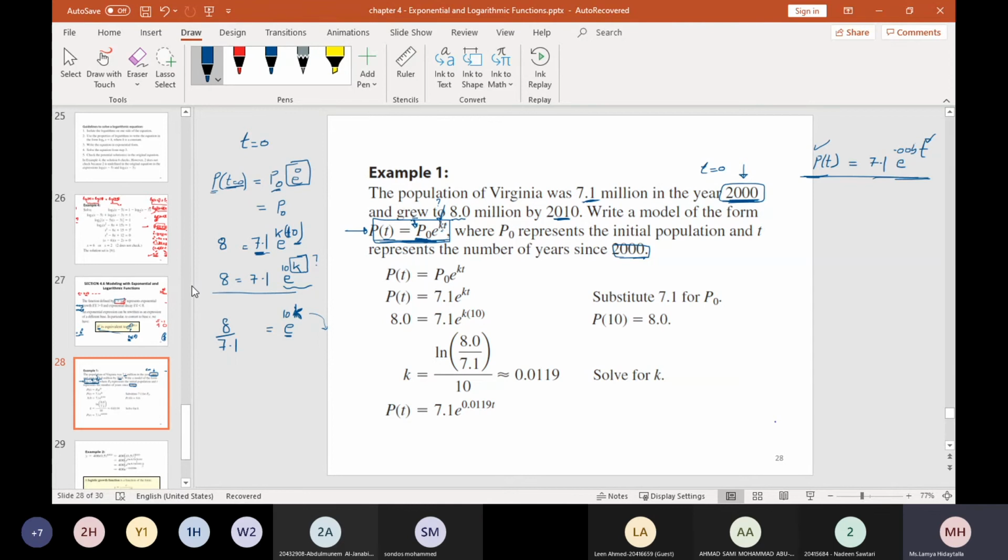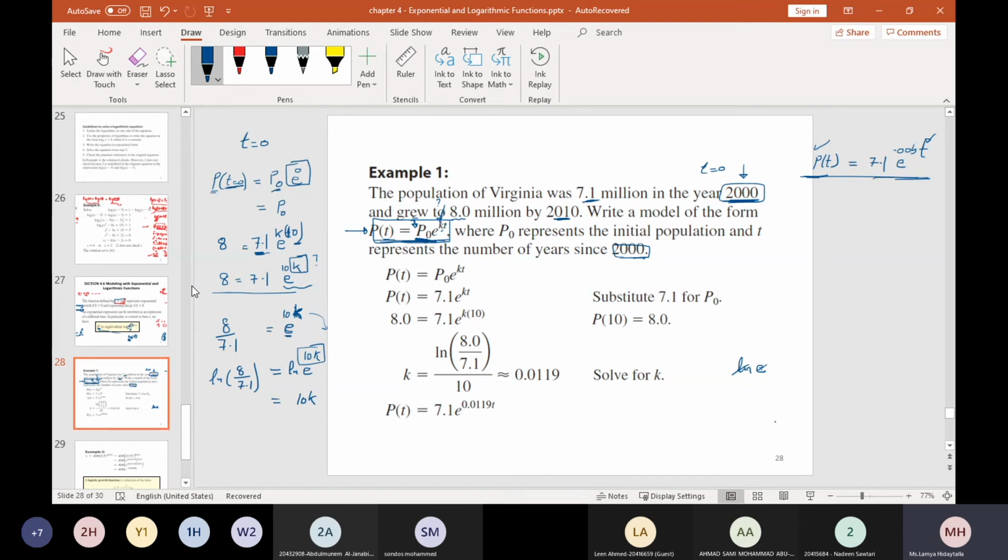So I take ln of both sides, why ln? Because here I have e, and I know ln and e are opposite operations, they will cancel each other. Okay, so the left hand side is ln of 8 over 7.1, equal to what? Equal to ln of e to the power 10k. The answer for the right hand side is 10k.